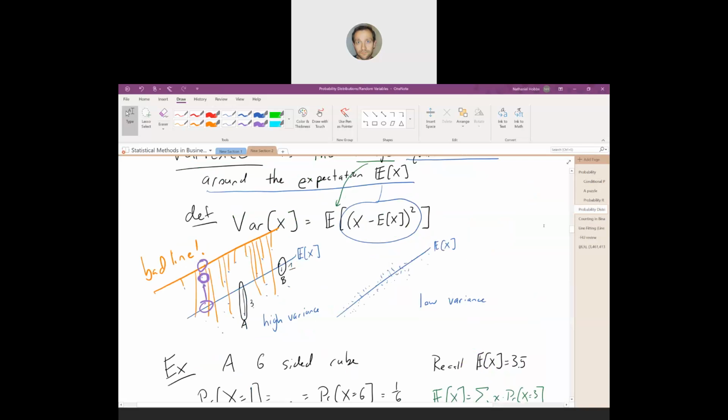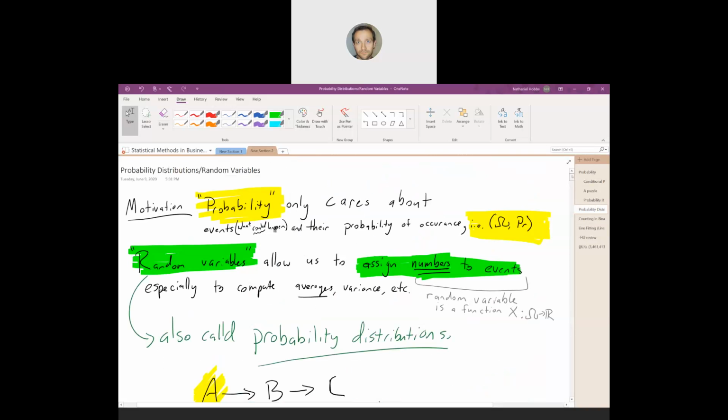First, let me quickly go over what we've talked about: probability distributions, aka random variables. A random variable is a probability distribution. They're the same thing. Pick whichever one you want. I go back and forth between the two, but if I say one, I equivalently mean the other.